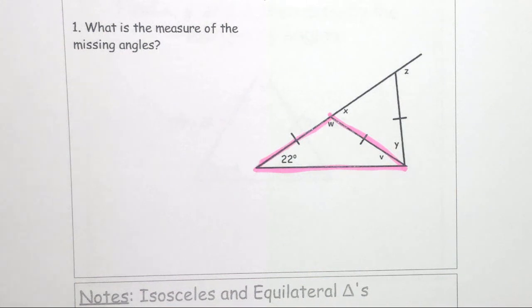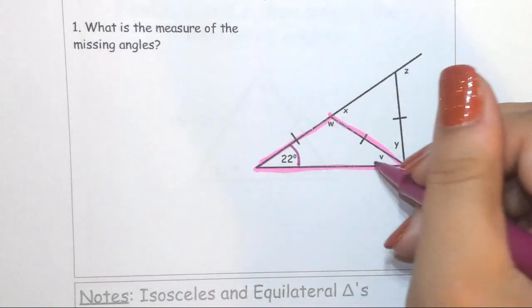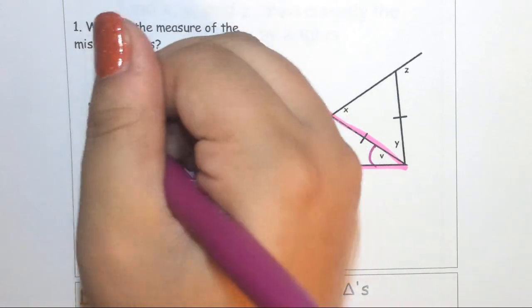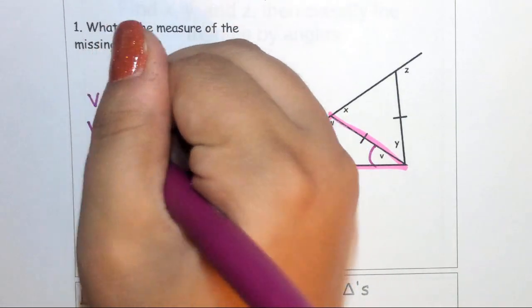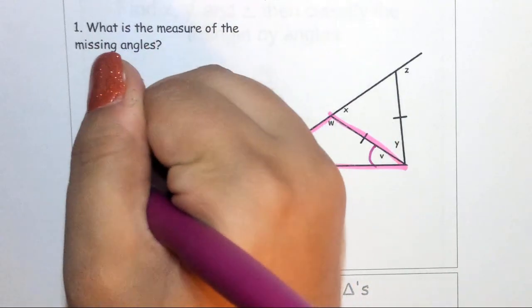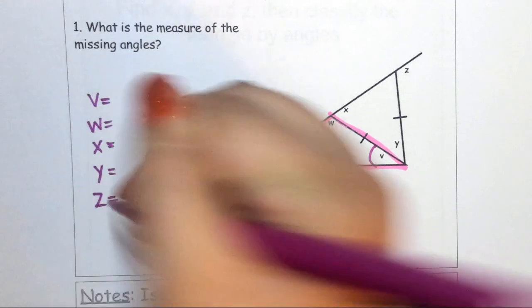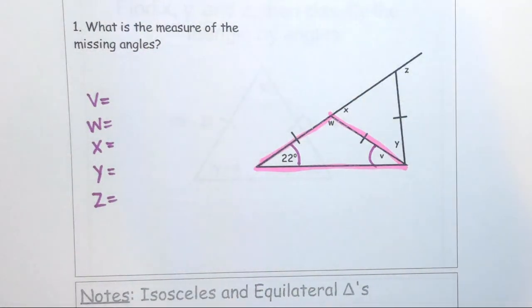Yeah. And since it's isosceles, what do I know? If this is 22, then V equals 22. So V equals W equals X, Y, Z. So what is V? 22 degrees.